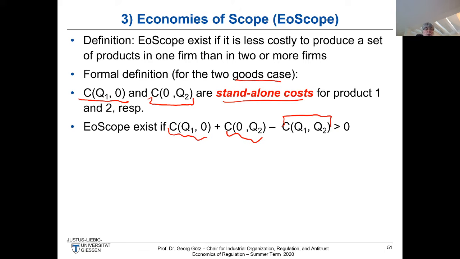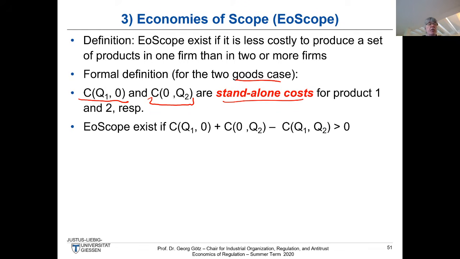Of course, yeah, we will get back to that. If you look at a company like Volkswagen, which is amazing in the sense that it has so many brands, this would also mean do economies of scope exist in a sense that if product 1 is Audi, product 2 is Porsche, product 3 is Seat, does it make sense to have it all in a single company, or are the costs lower if I have it in a single company, if compared to if I have separate companies, okay?